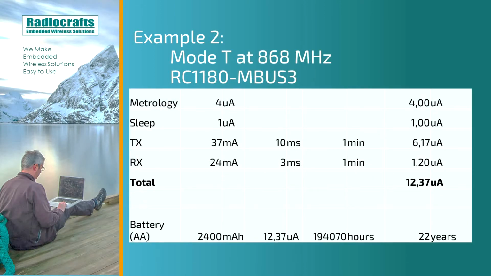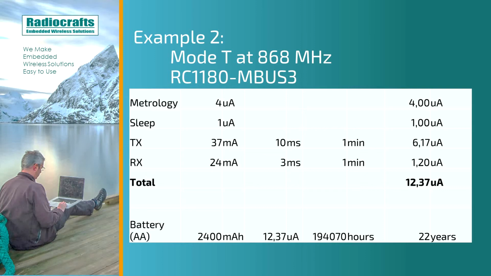Another example is looking at mode T operating at 868 MHz using the RC1180 MBUS 3 module. Again, we use the same number for the metrology, 4 microamps. The sleep current is typically 1 microamp.